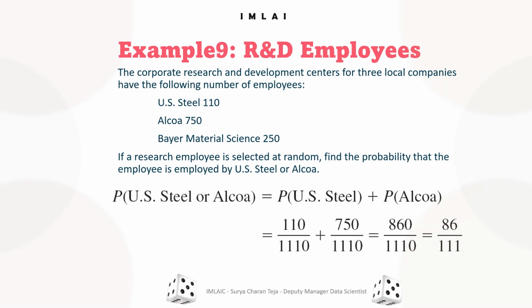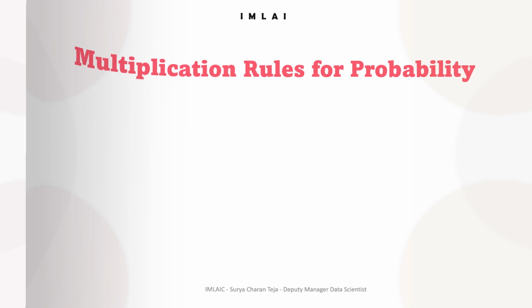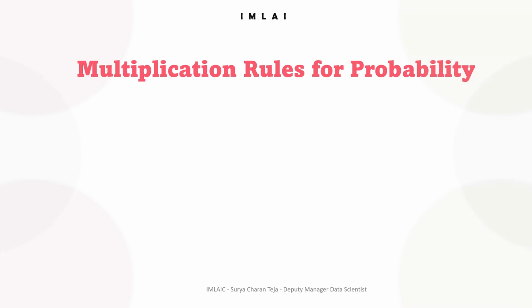That's answered by the multiplication rules for probability. The multiplication rules for probability are a set of principles used to calculate the probability of two or more events occurring simultaneously. There are two main rules.